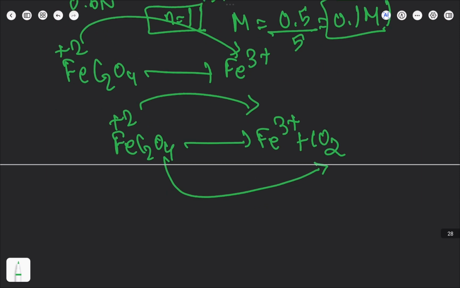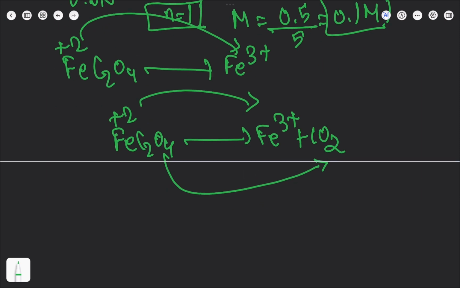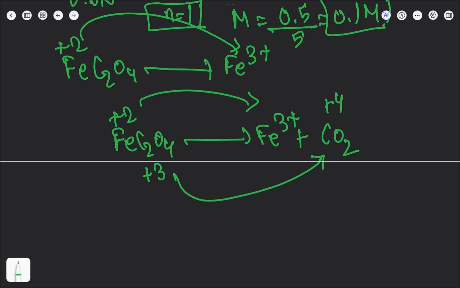Same here. For this n factor, you will have to do a little bit of hard work because you have plus 3 here and plus 4 here, but the net change would be 1 times 2, because you have to multiply by the number of atoms in the reactant. So this would be 2, and here you would have 1.